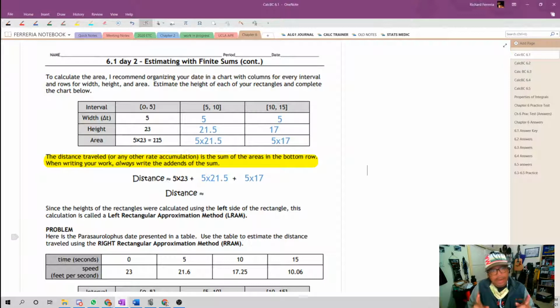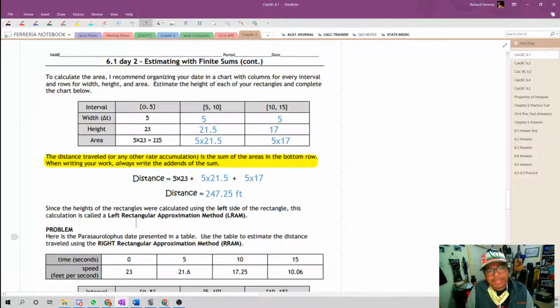Putting on the teacher hat, I need to tell you that this expression we just wrote, where the distance is the sum of 3 products, is something that people look for when they grade your AP test, and probably when they grade your test at school. Writing down the sum of the products is always an excellent idea.